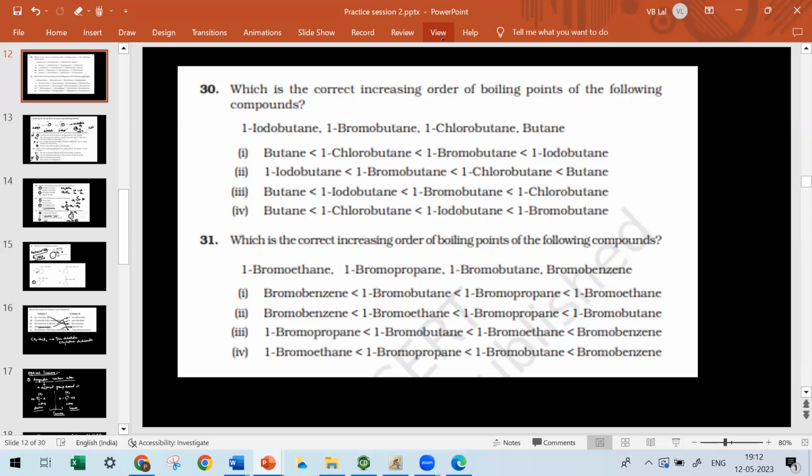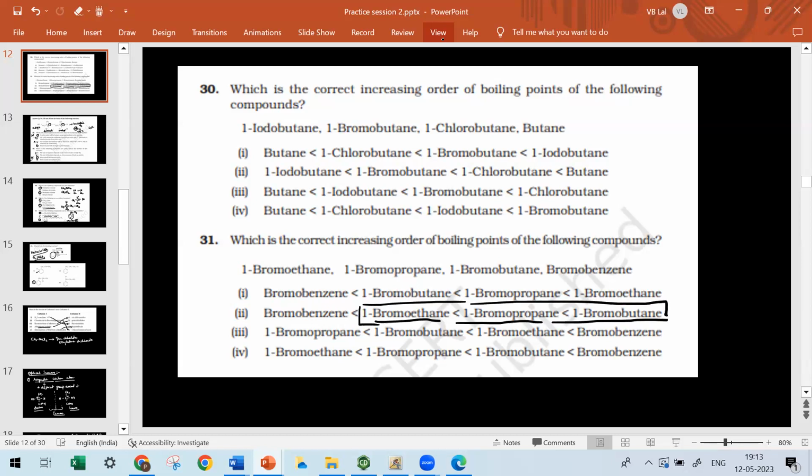31st is... to some extent you are right. Second one up to here, it is correct, right? This is correct. Option 2, ma'am.